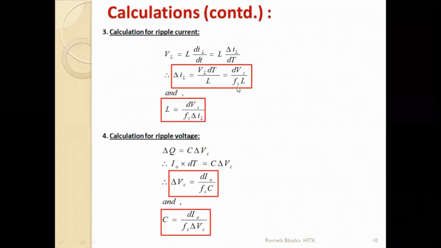So Fs is the switching frequency, not the supply frequency, the frequency of switching of the MOSFET or BJT. And then from here you can bring your L on this side or keep it in this equation. Del IL is this formula. Bring L to this side. What will you get? dVs, numerator remains the same. Fs, this del IL comes in the denominator. So this is very important.